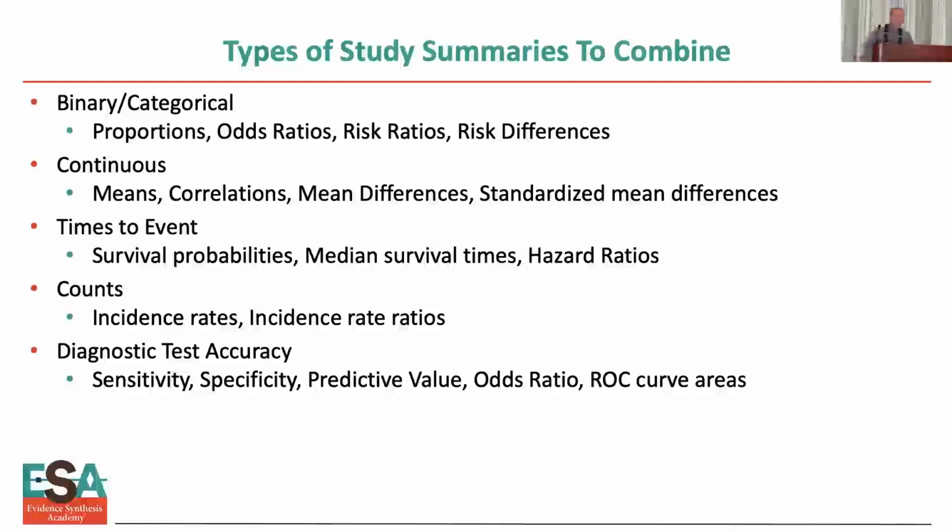If the data are counts, we might be combining incidence rates or incidence rate ratios. If the data are diagnostic test accuracy, we might be combining sensitivity or specificity, or predictive value, or odds ratios, or ROC curve areas. So these are all different. All of these types of summaries can be combined through meta-analysis. So typically, the outcome in meta-analysis might be a summary, right?